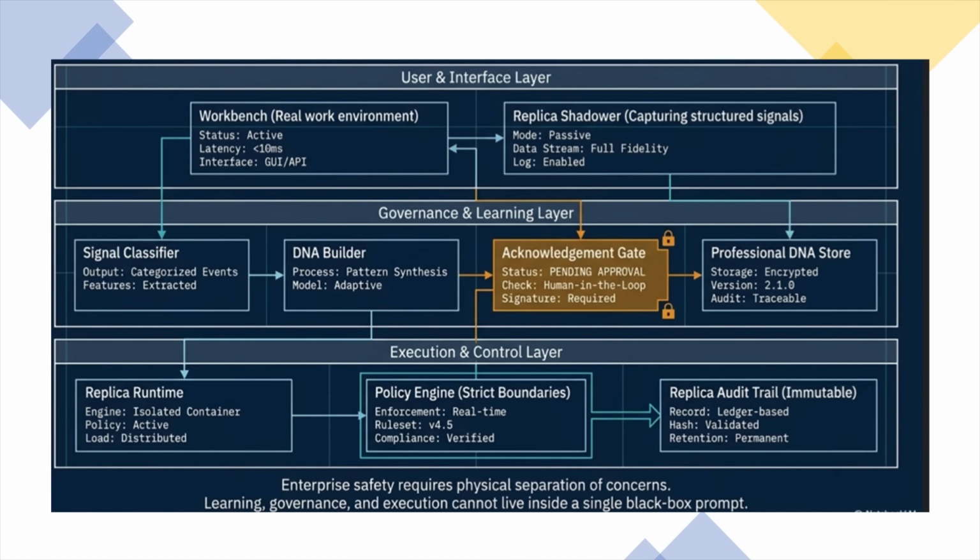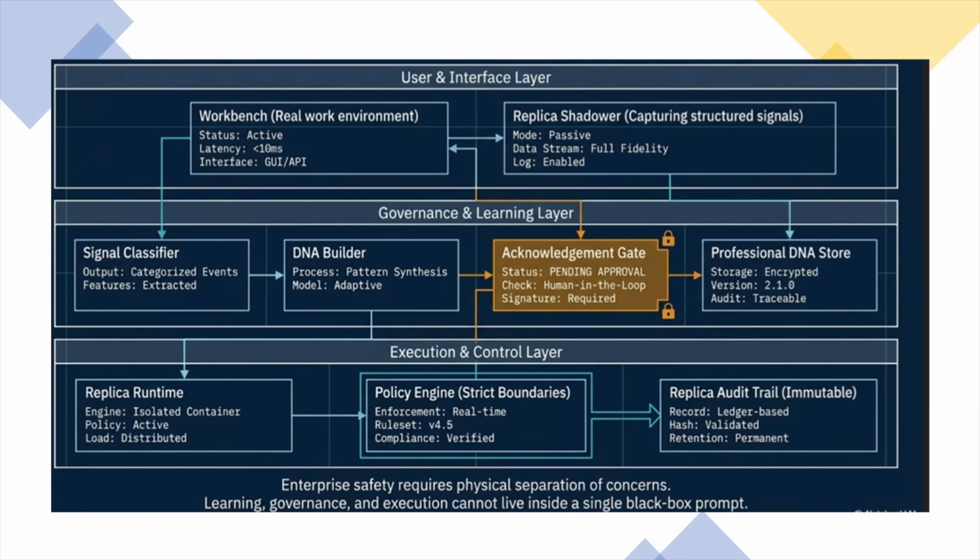Third, the signal classifier, which classifies those signals into observe, judge, prioritize, communicate, escalate, and act. Fourth, the professional DNA builder, which converts repeated signals into candidate patterns. Fifth, the acknowledgement gate, where Henry accepts, edits, or rejects patterns. Sixth, the professional DNA store, where approved patterns are versioned and governed.